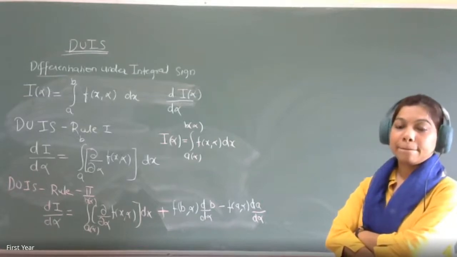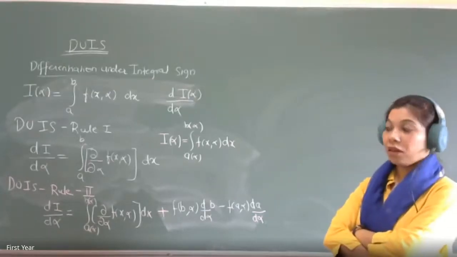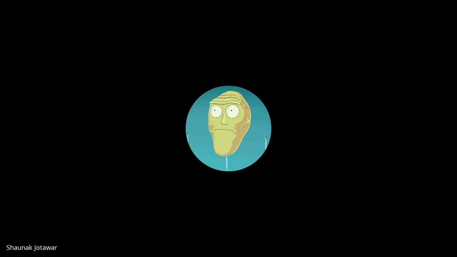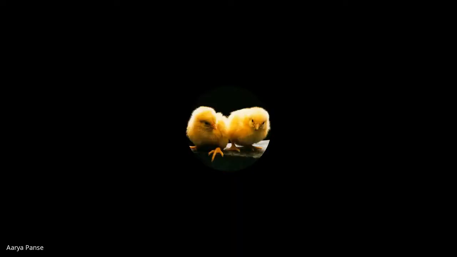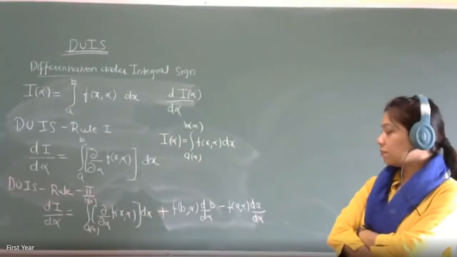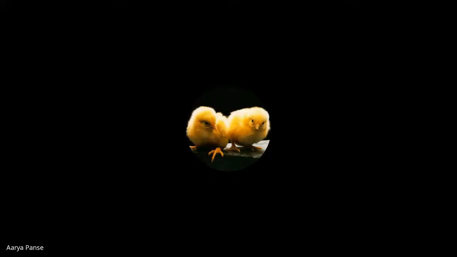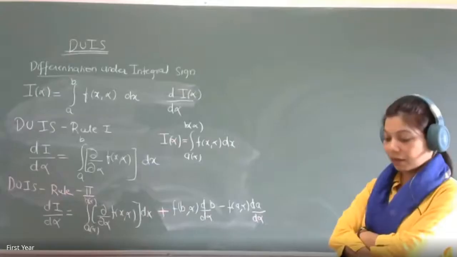Quickly. In rule 2, if a and b are constants, then what will happen? If a is equal to f of x and b is equal to g of x, instead of the limits a and b which are constant, if we replace them by functions which are dependent on alpha, then the terms f(b, alpha) db by d alpha minus f(a, alpha) da by d alpha will get added.